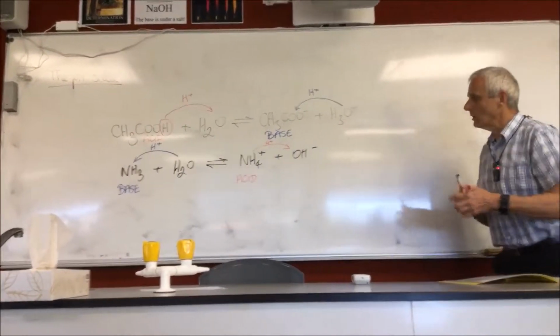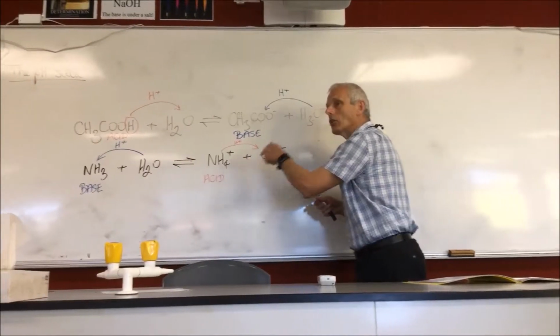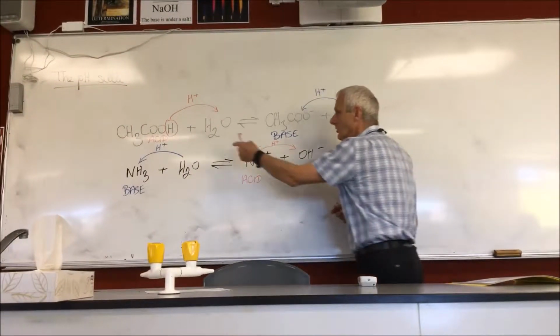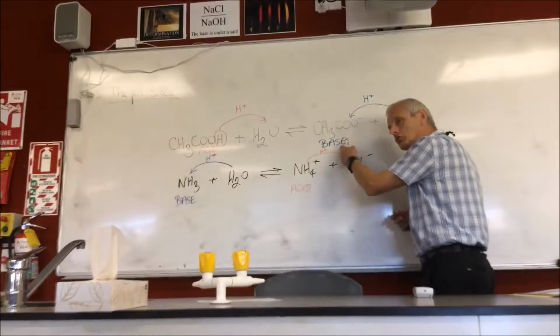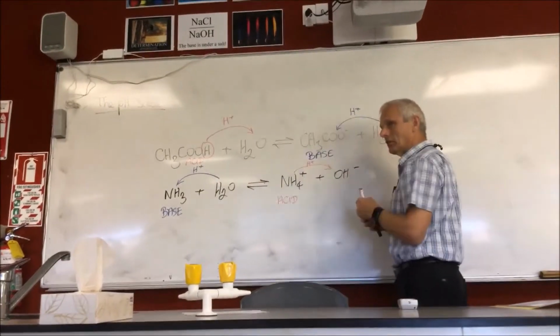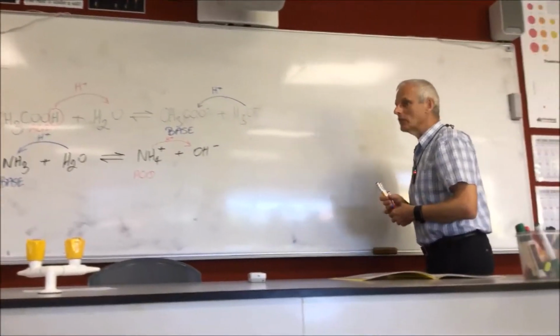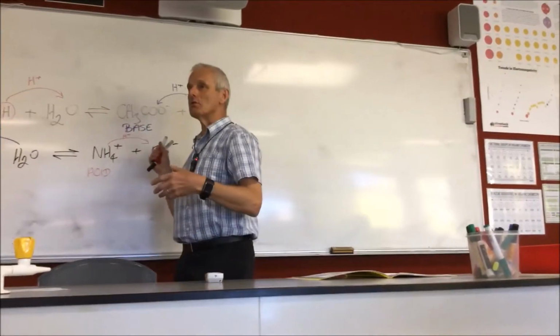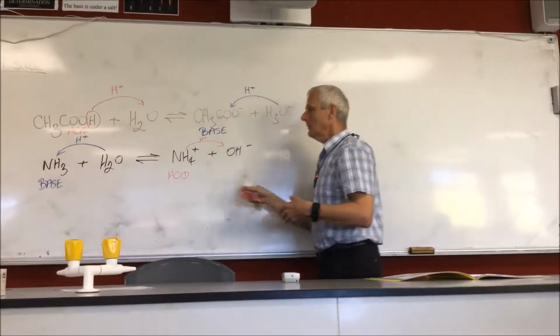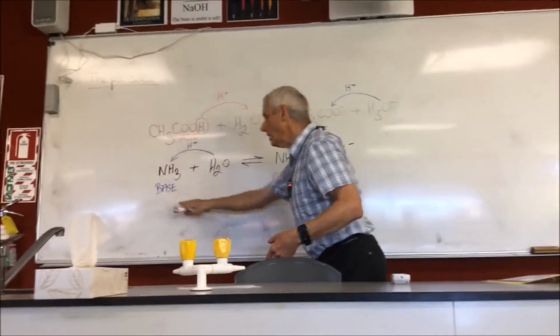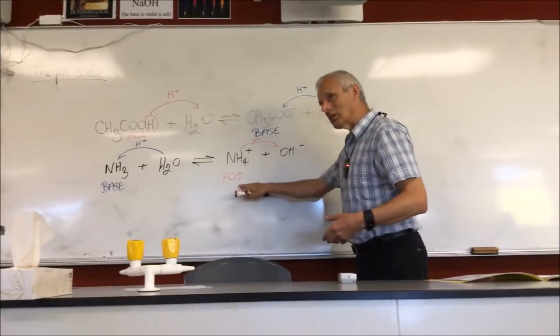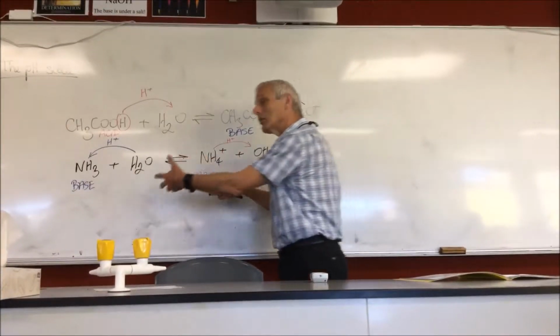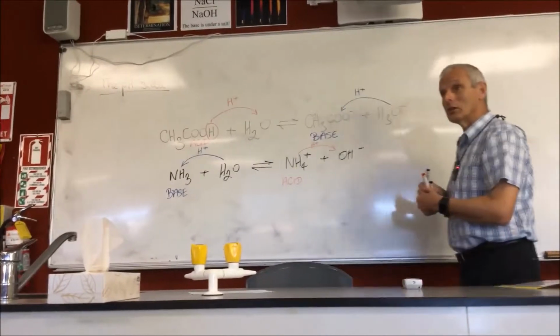And what we call these two substances are the conjugates. So this is the acid, and this is the conjugate base of that acid. A conjugate base of an acid is the acid with H+ removed from it. In this case, we've got the base ammonia, and this is the conjugate acid. The conjugate acid is the base with H+ added onto it.